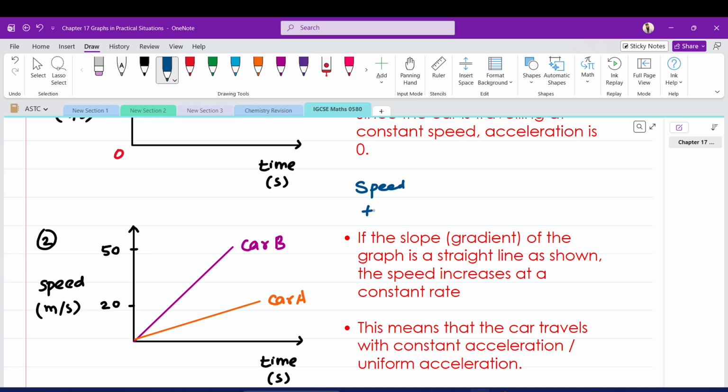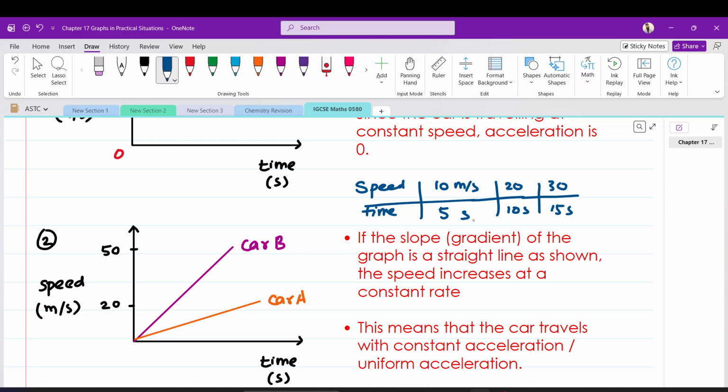So let's say we have speed and we have time. After 5 seconds the speed became 10 meters per second. After another 5 seconds, that is 10 seconds now, at t equals 10 seconds the speed is 20. After another 5 seconds, 15 seconds, the speed becomes 30 and so on.